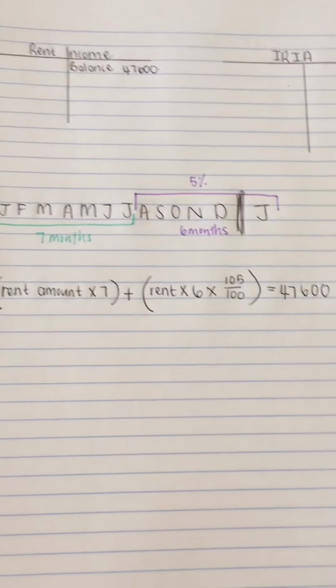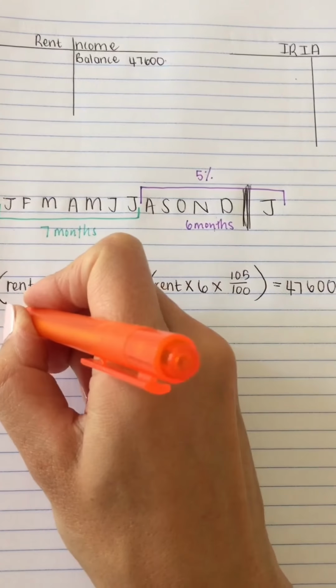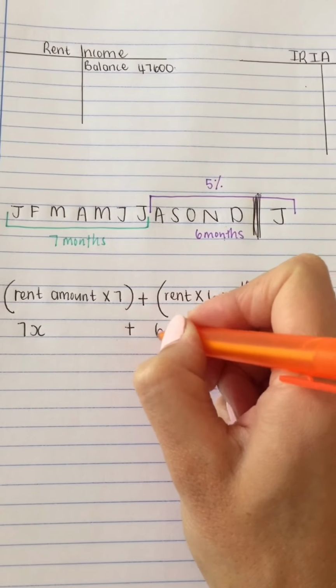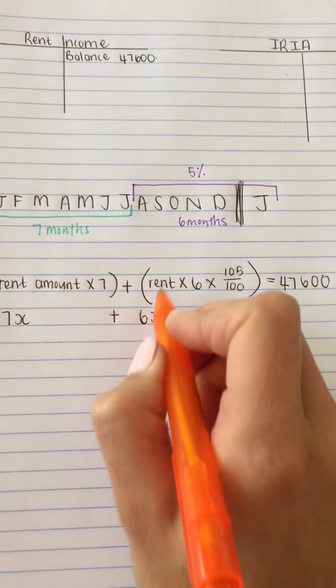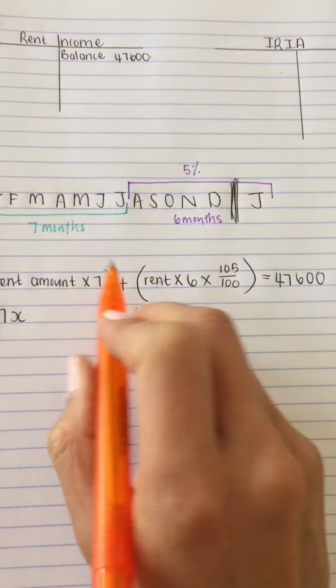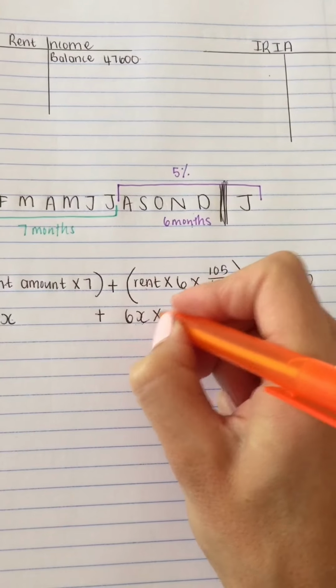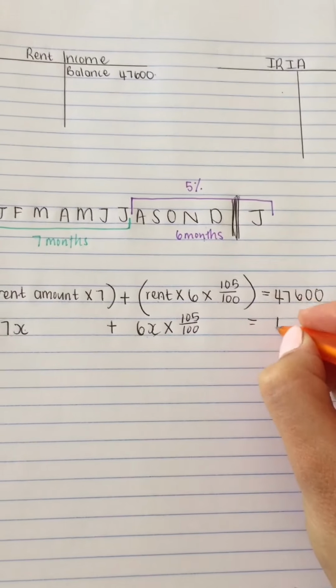What I do now is I substitute the words with x. So it becomes 7x plus 6x, the rent amount stayed the same, so that's why it's x. Over here it was 7 months and over here it was 6 months, but now 105 over 100 must be multiplied.